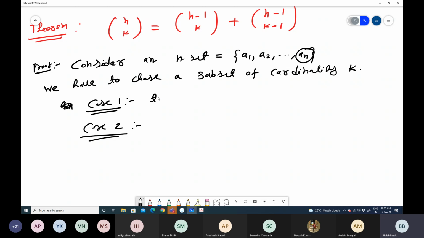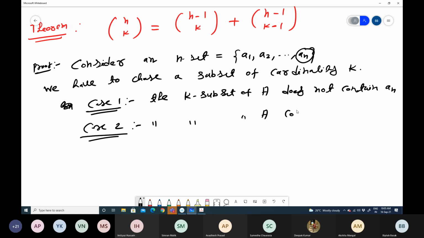So case 1: the k subset of A does not contain an, and case 2: the k subset of A contains an. So these are all the two possible cases.